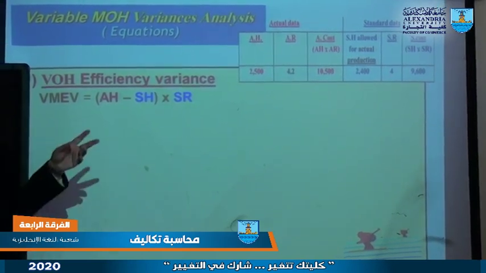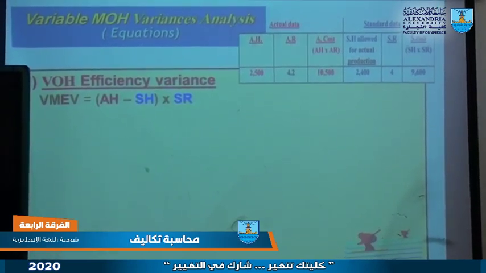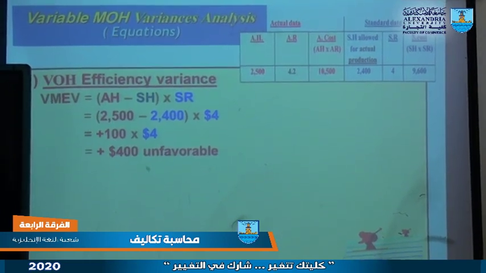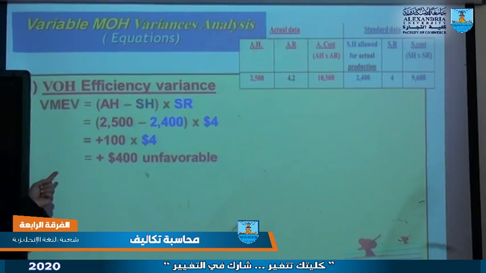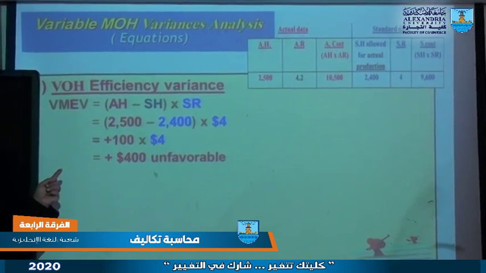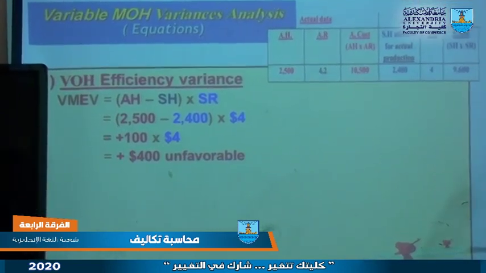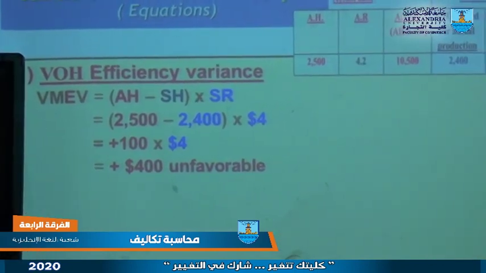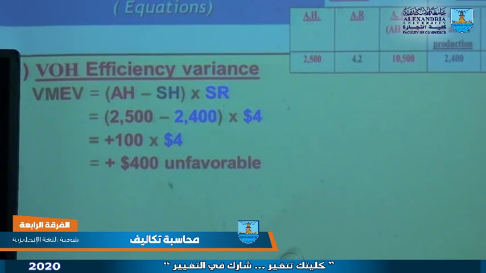If you know the equation and you calculate the amounts, there is no problem for you at all. This is my efficiency variance: 2,500 minus 2,400 will equal positive 100 times 4 will equal 400 unfavorable.